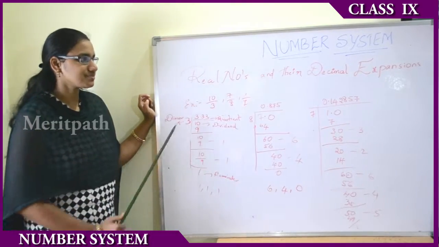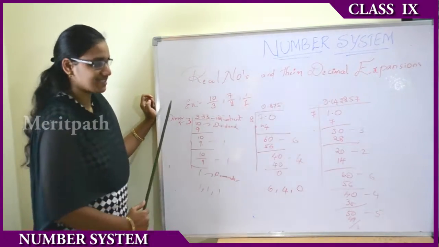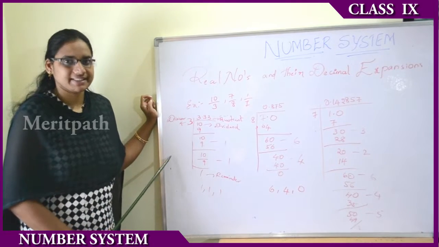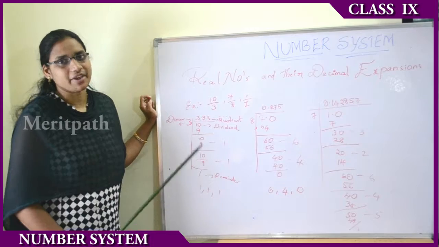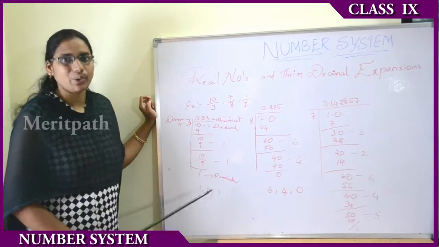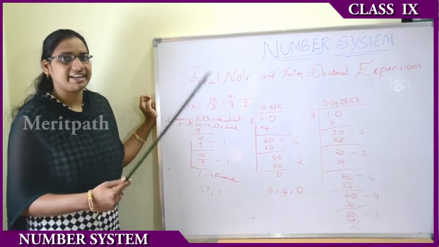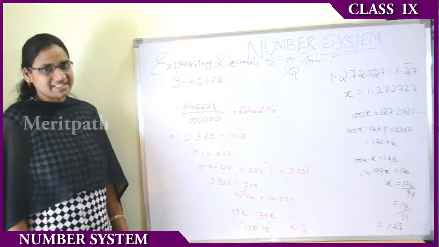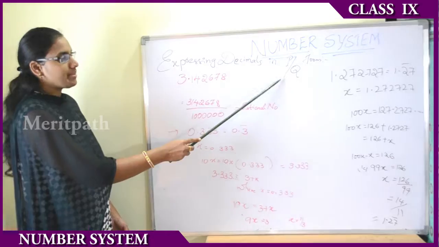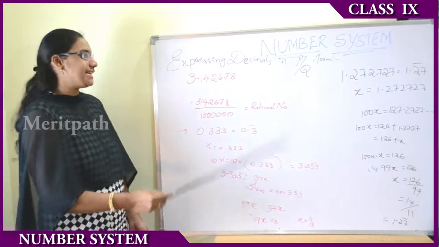So, in decimal expansions, we have two types: one where we get remainder 0, and the other where we do not get remainder 0 and the quotient is repeated.